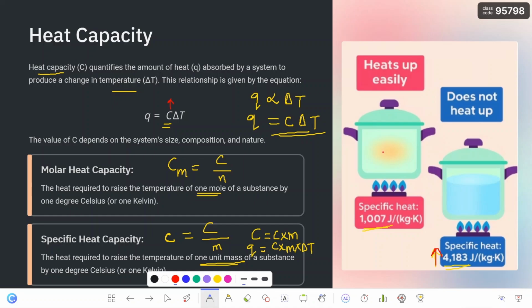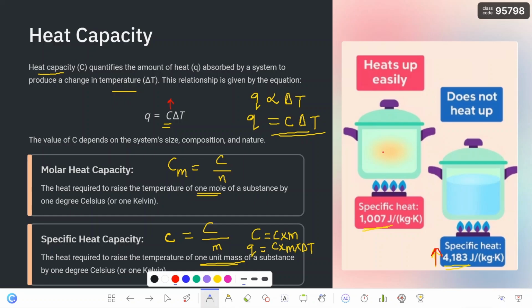So that is a practical application you can think of. You have taken two substances, water is having this much specific heat capacity and some oil or something is having this much heat capacity. So, which one is getting heated faster? Based on that, you can tell which one is having higher heat capacity.